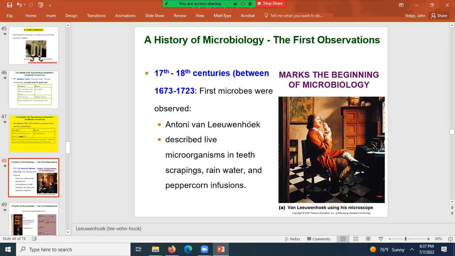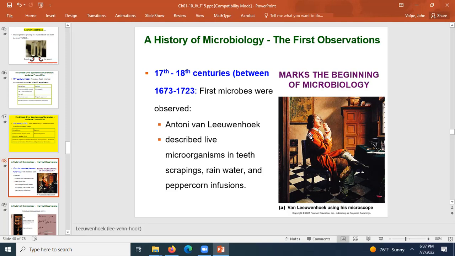He wrote about the microbes that he saw in microscopes that he actually made himself. At his day, he was the best lens grinder. He made his own lenses and then made his own microscopes. He was the best lens grinder and microscope builder of his day.